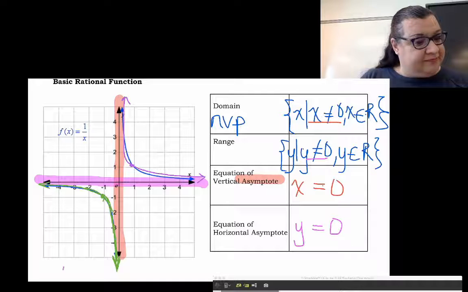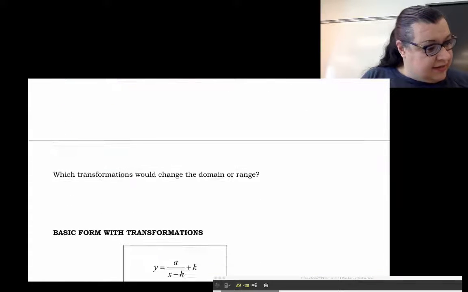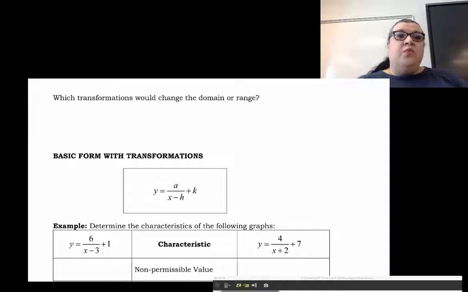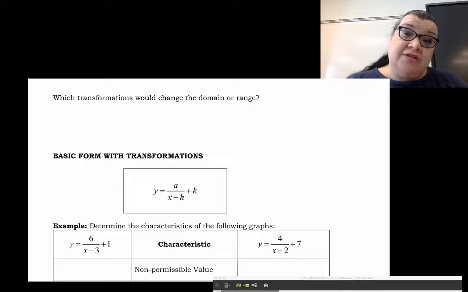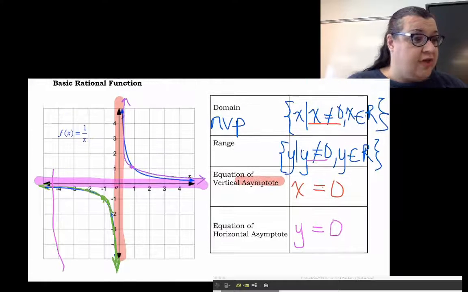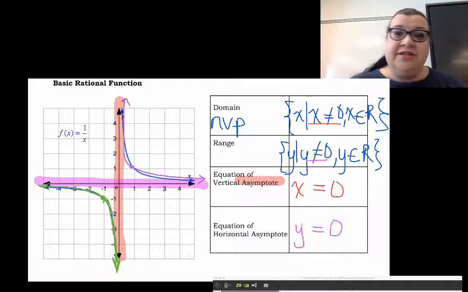So let's move on. We are now going to look at transformations. Here's a question first: which transformations would change the domain and range of this function? What could you do to this function that would change its domain and range?